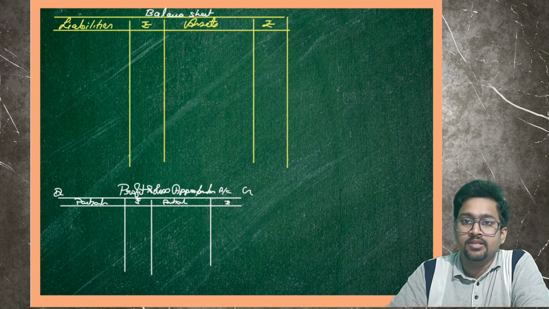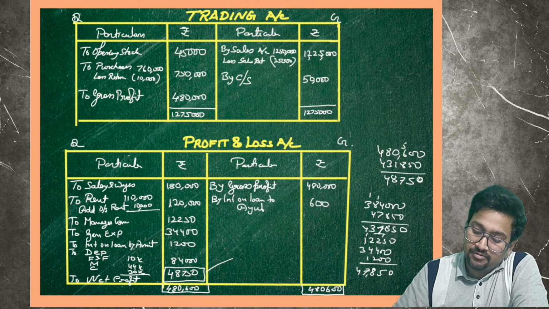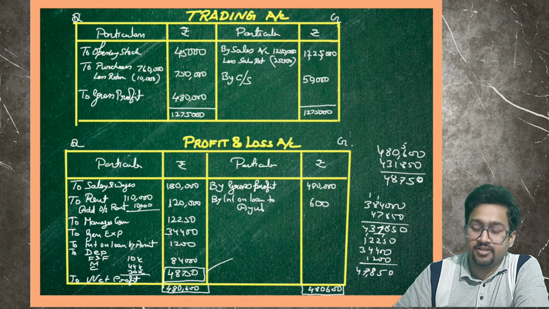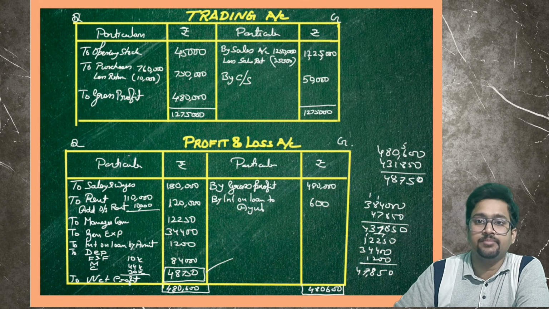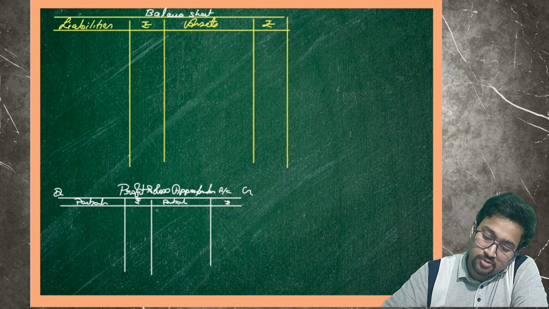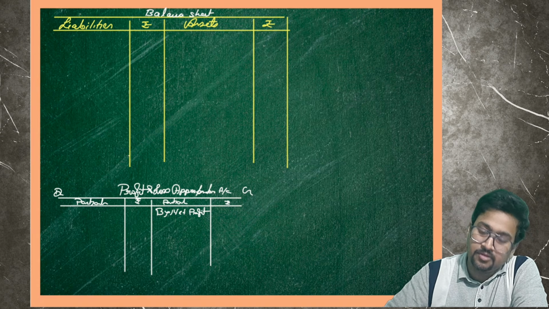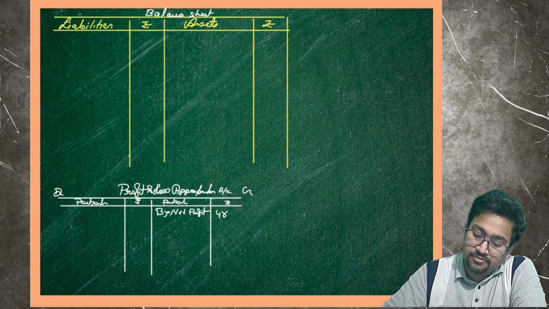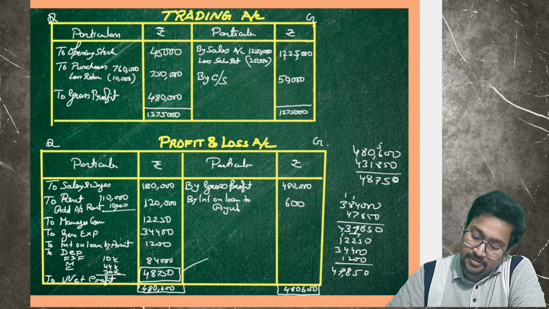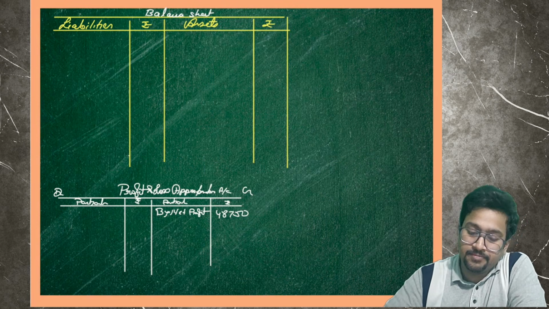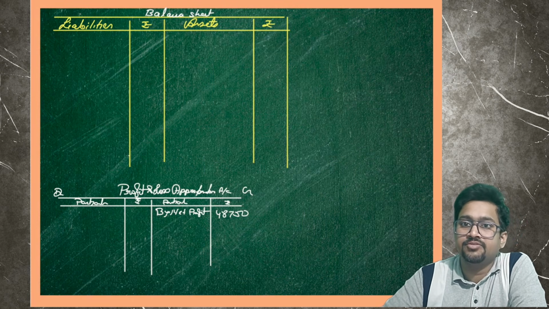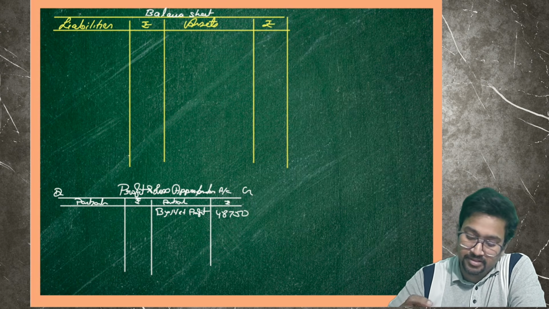Now the net profit that we have calculated here will firstly be transferred to PL appropriation account in place of balance sheet. So by net profit, 48,750.